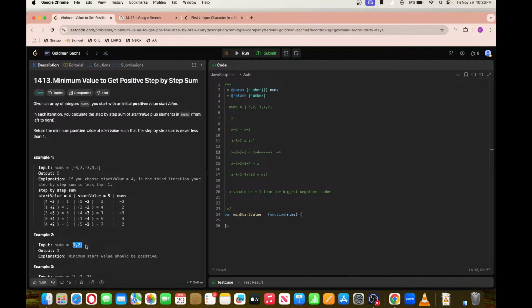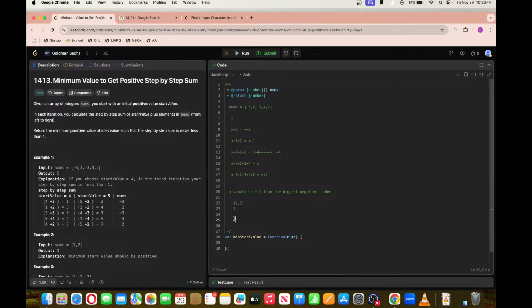Minimum start value should always be positive.